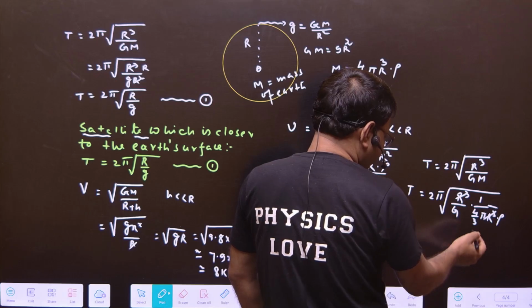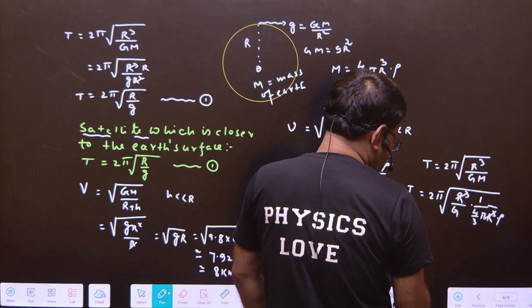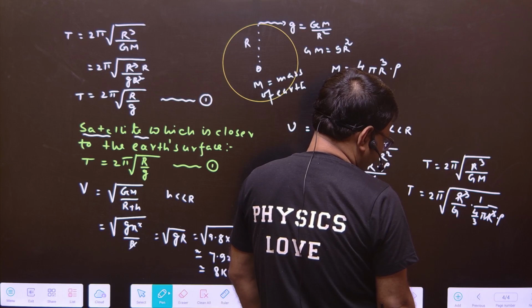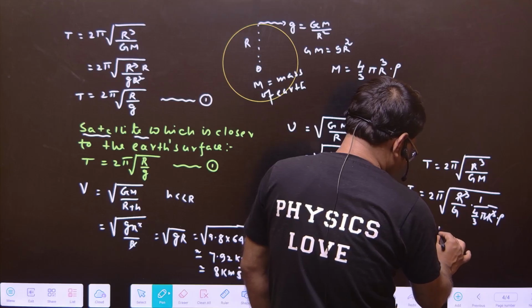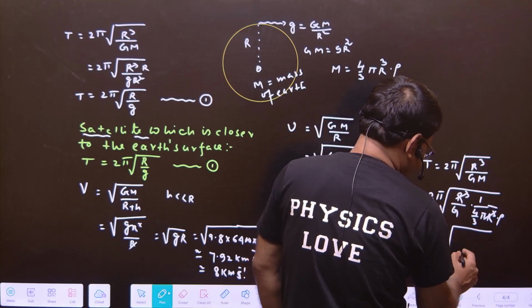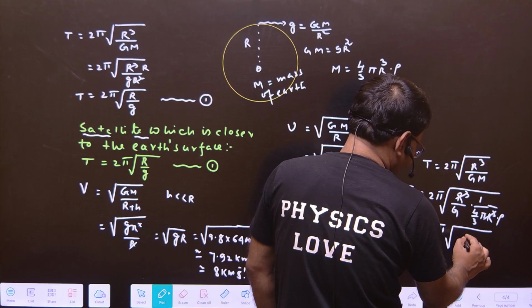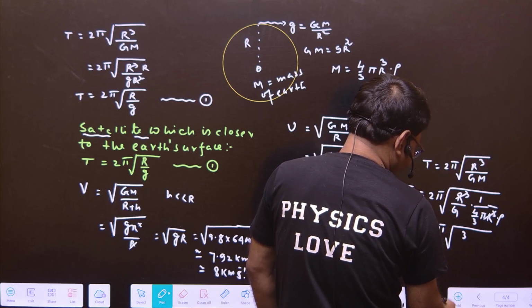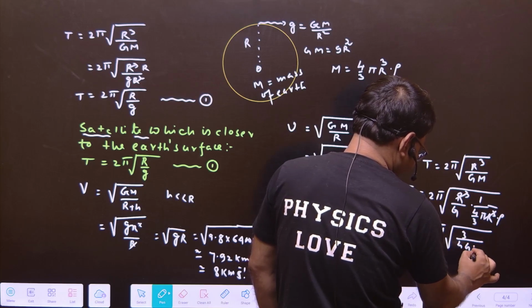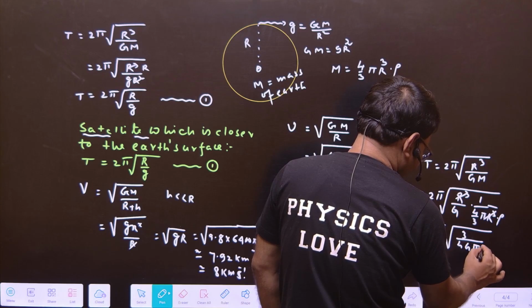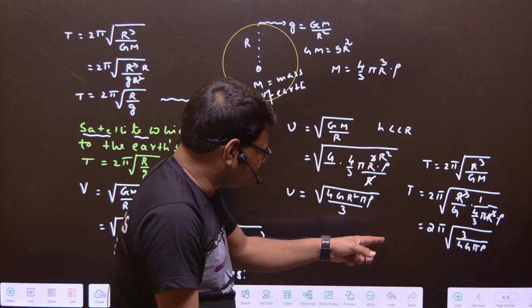The 3 will go in the upward direction. So now we can write 2 pi root of 3 divided by 4 G pi into rho. This is the time period.